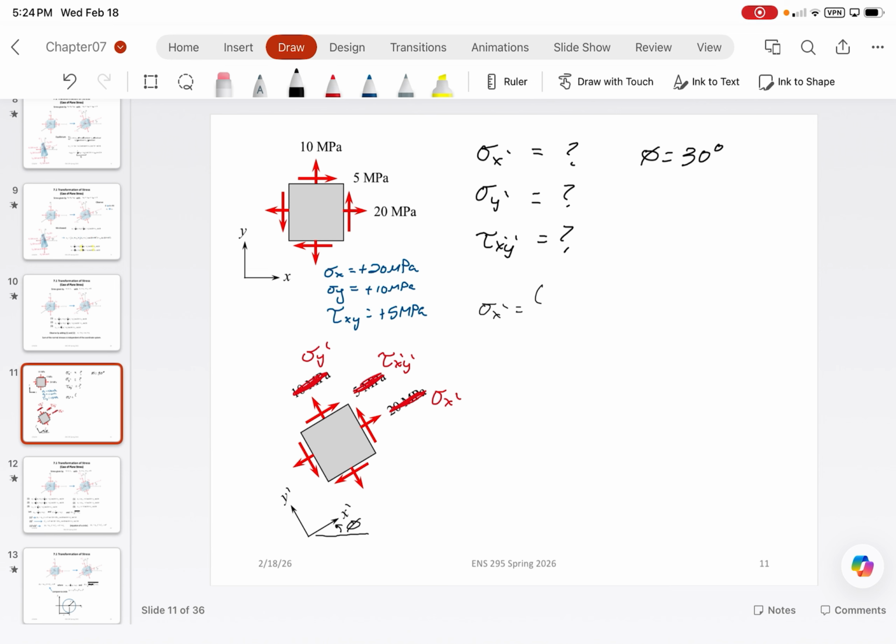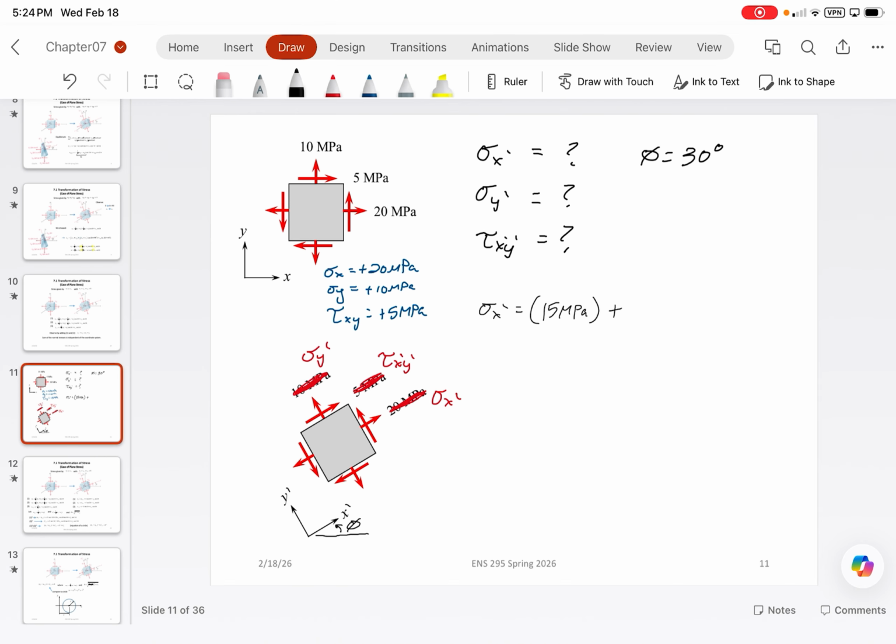So sigma x plus sigma y divided by 2 is just the average of the x and y stresses. You should get 20 plus 10 divided by 2 is 15 megapascals, positive because they're both positive.